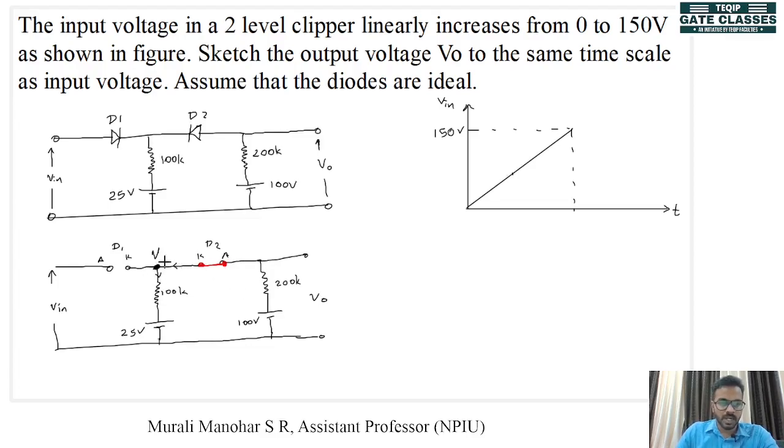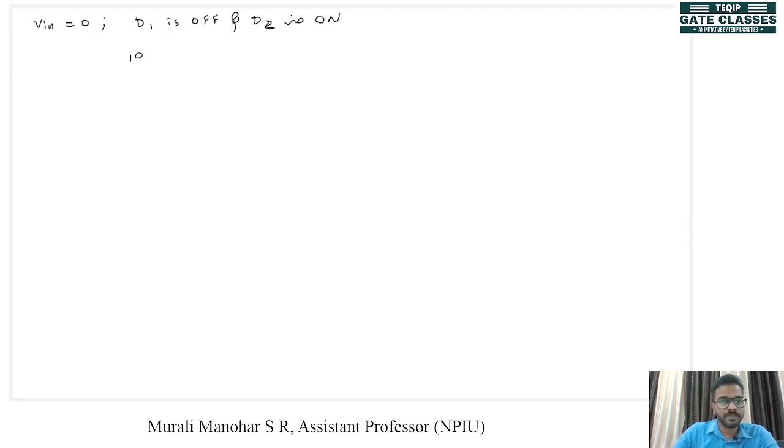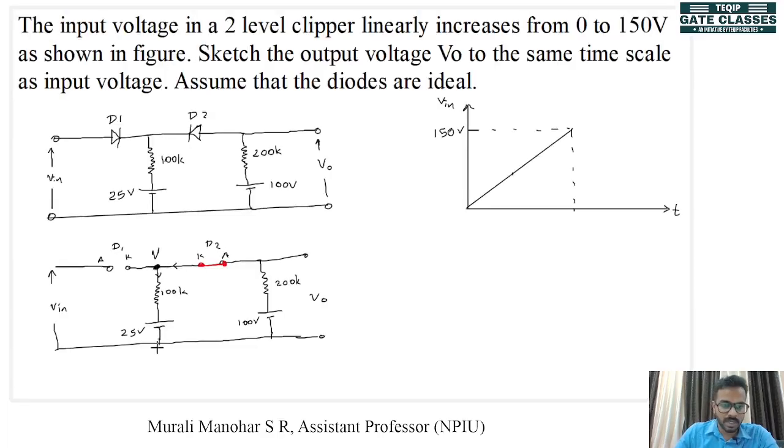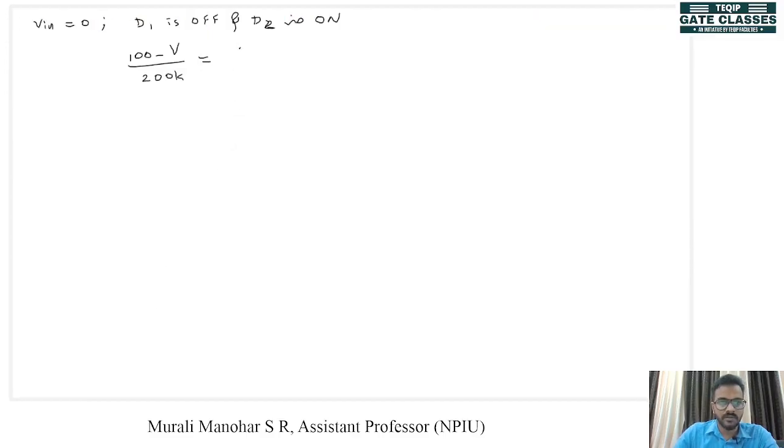So (100 - V)/200K is equal to the current leaving this, that is (V - 25)/100K.